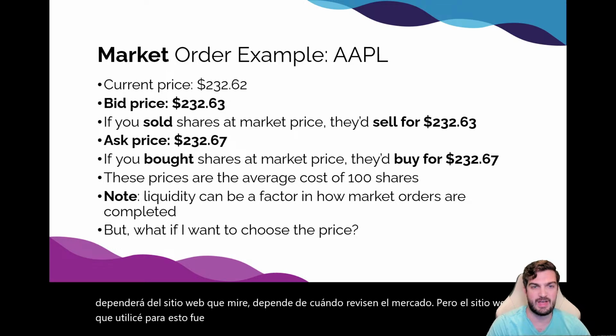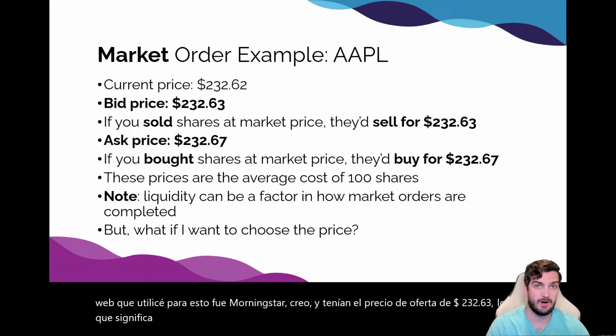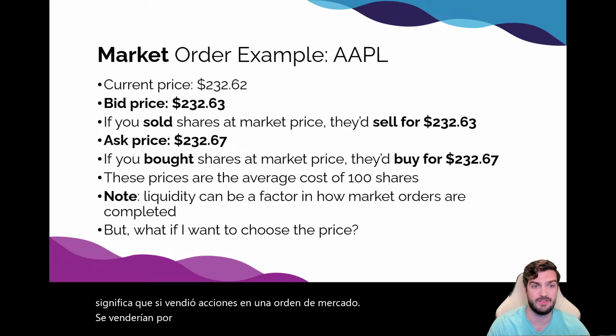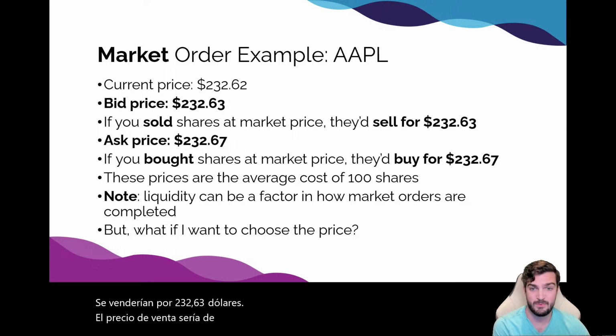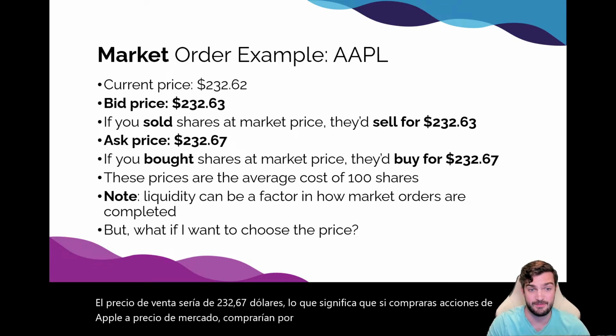They had the bid price at $232.63, which means if you sold shares on a market order, they would sell for $232.63. The ask price would be $232.67, which means if you bought shares of Apple at market price, they would buy for $232.67.